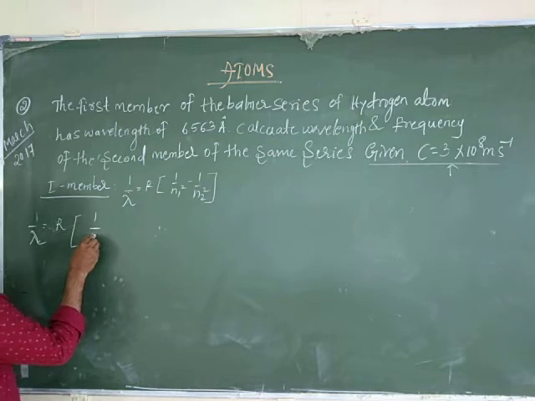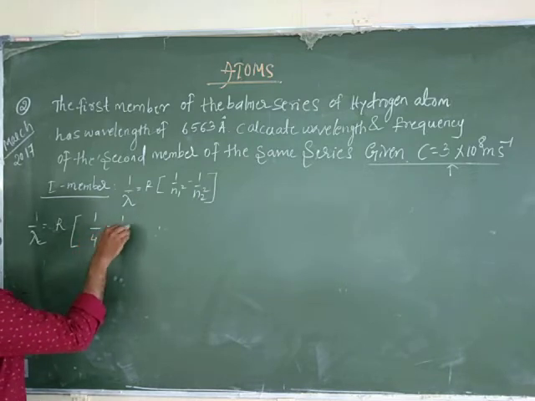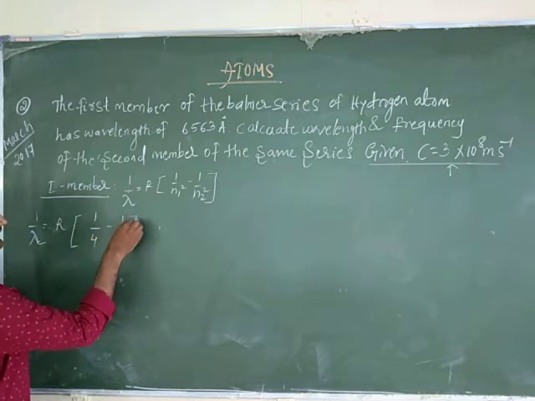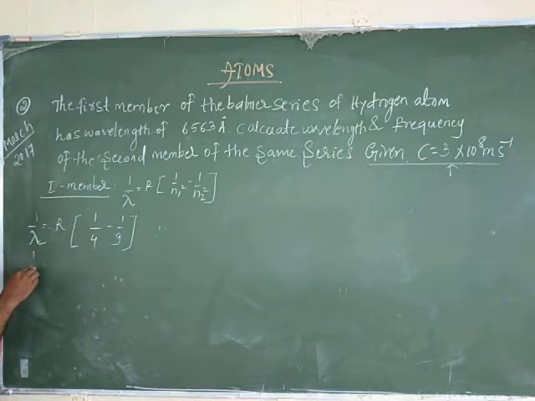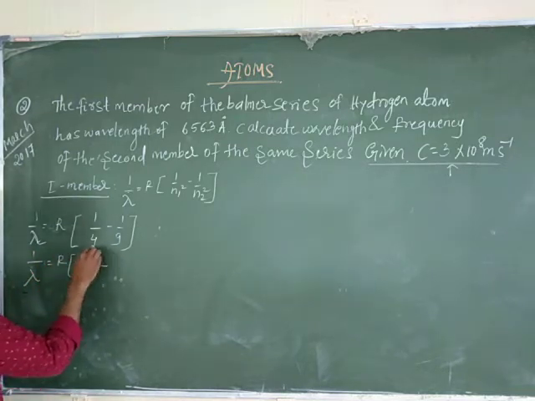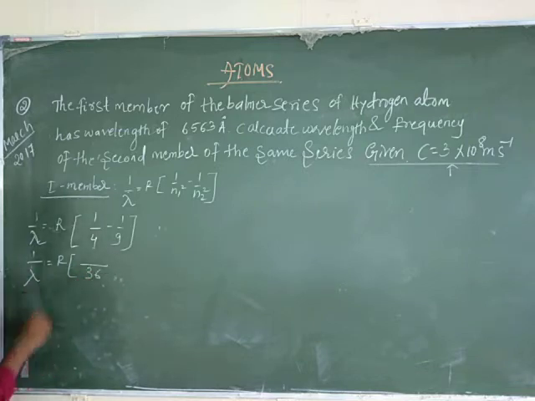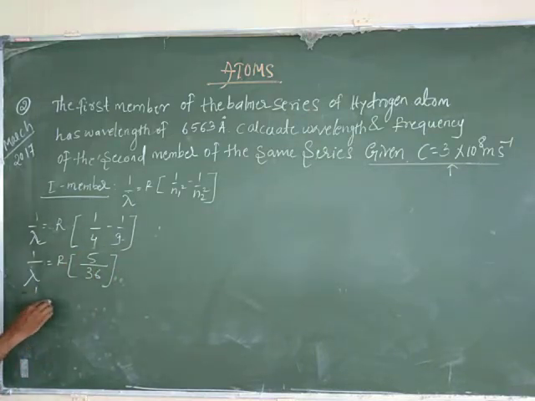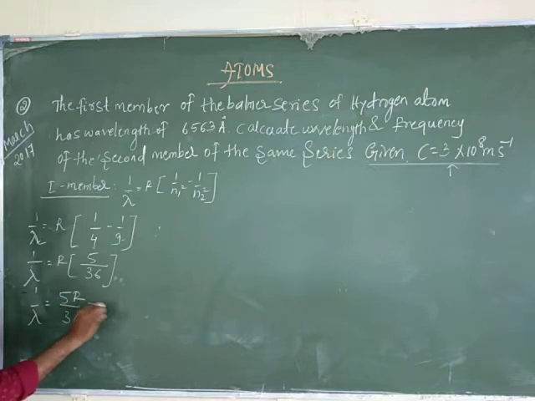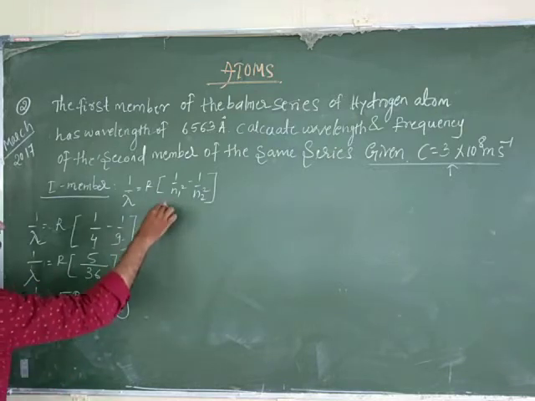So N1 square is 4 and N2 square is 9. Again solve this by taking the LCM, and we will get 5 by 36. Therefore 1 divided by lambda is equal to 5R divided by 36. Call this equation 1.